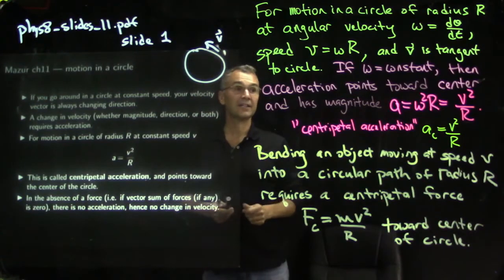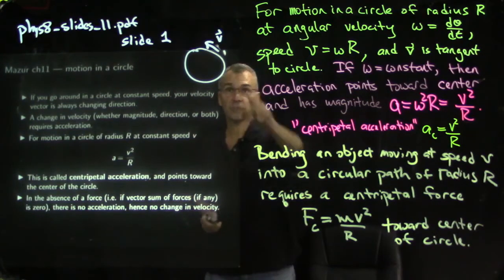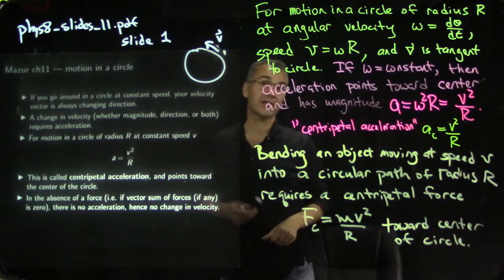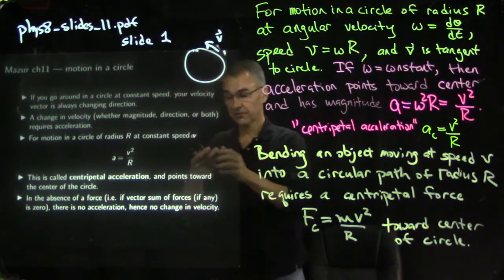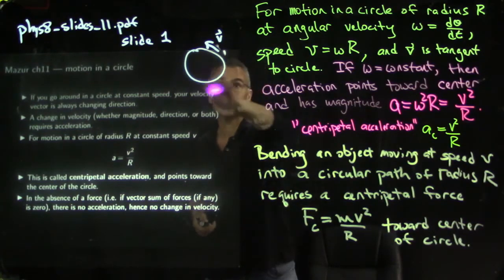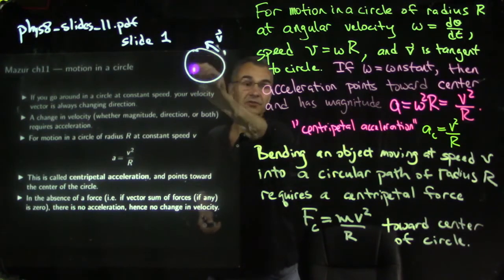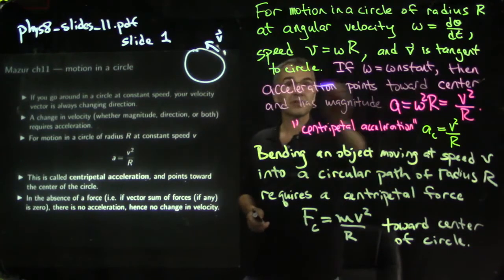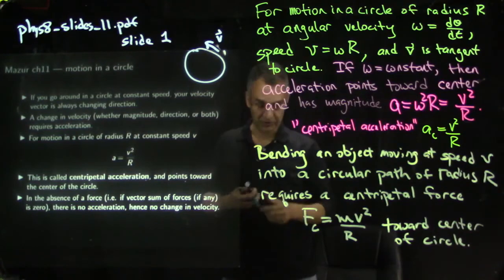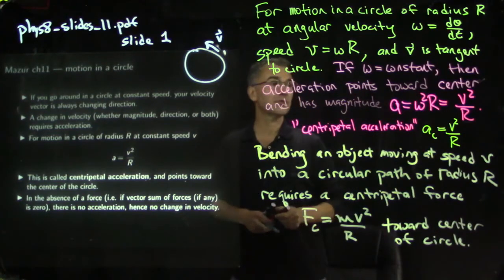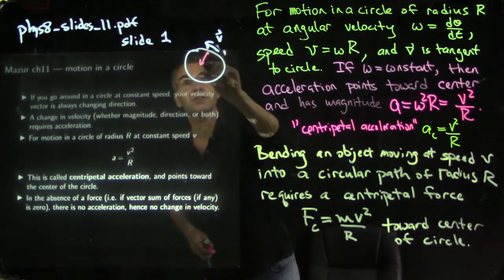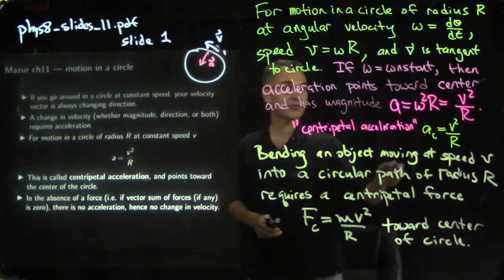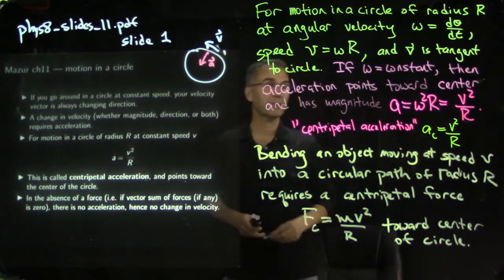Then, if omega is constant, so if we're going around and around the circle at a constant number of radians per second, which is equivalent to a constant number of revolutions per second, which for constant radius is equivalent to constant speed, then the acceleration points toward the center and has a magnitude v squared over r, which might be a familiar expression.